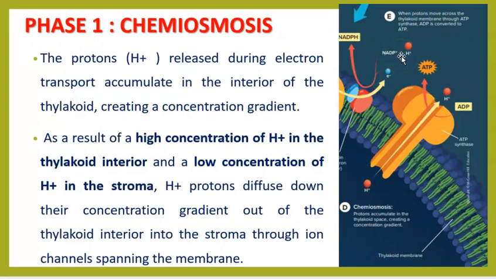So what do you think will happen? Things always move from a region of high concentration to a region of low concentration. So your H plus will now start moving from the thylakoid space to the outside. How does it move? Look at this. This is something called an ATP synthase. It's an enzyme.